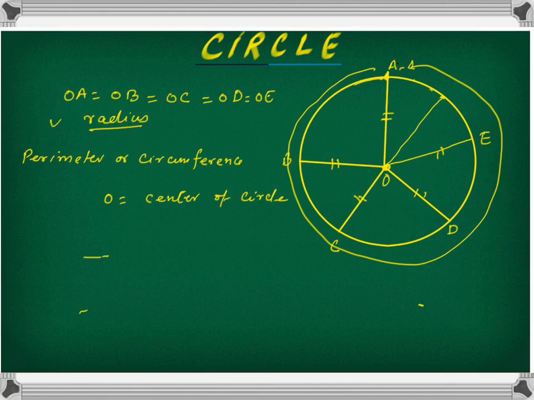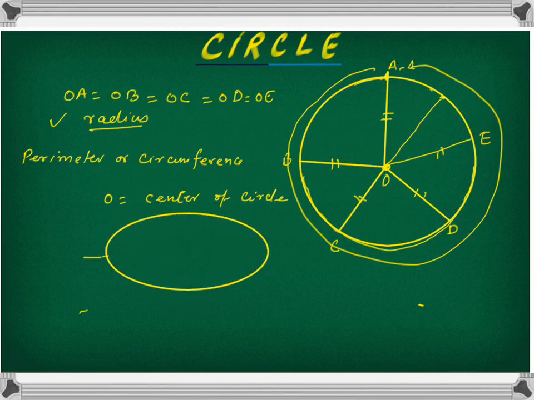Now we have already talked about the radius, okay. Now we will talk about chords. So a line segment joining any 2 points, okay, on the circumference is called a chord. So this is the circumference, okay, fine.